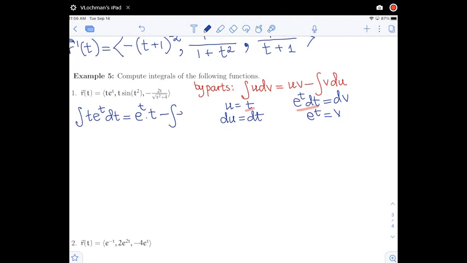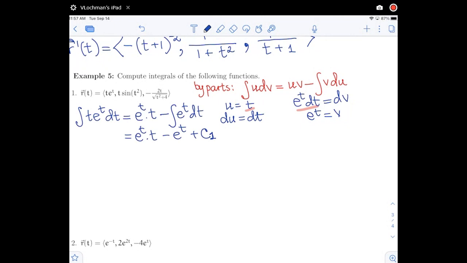So that's e to the t dt. That's e to the t times t minus e to the t, and then plus a constant, let's call it C1. So that's our integration by parts.